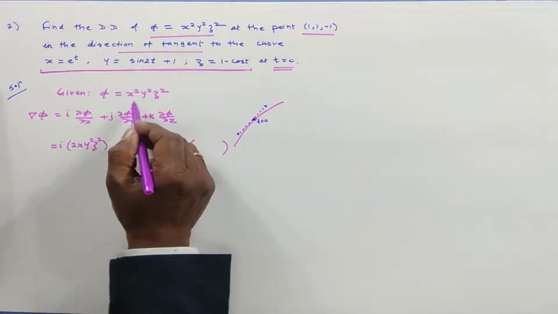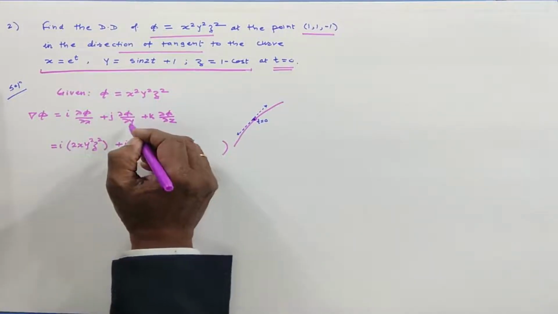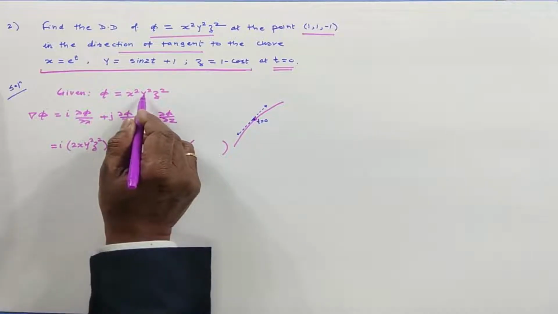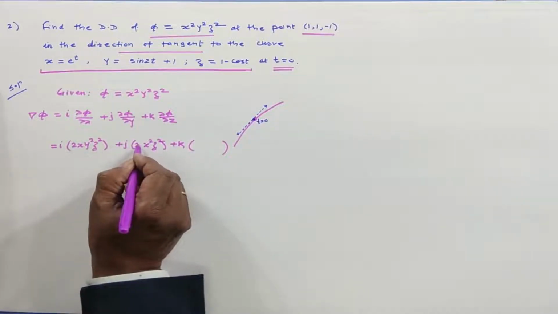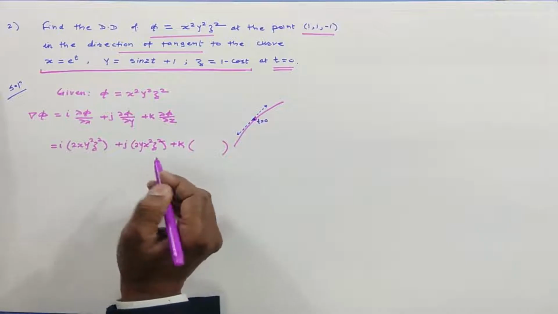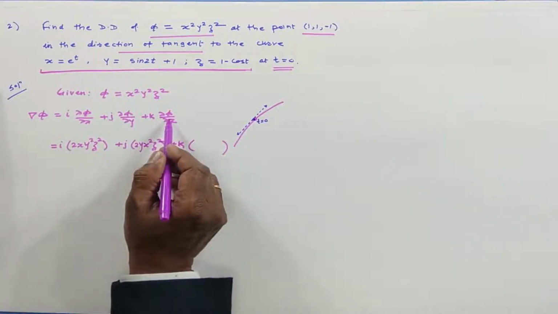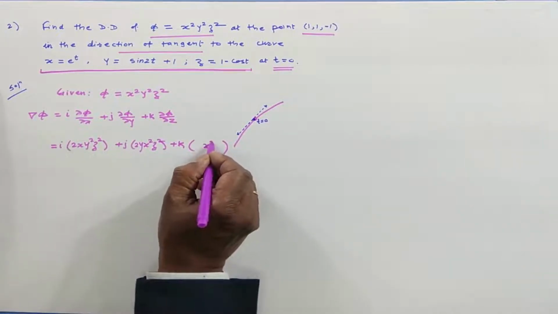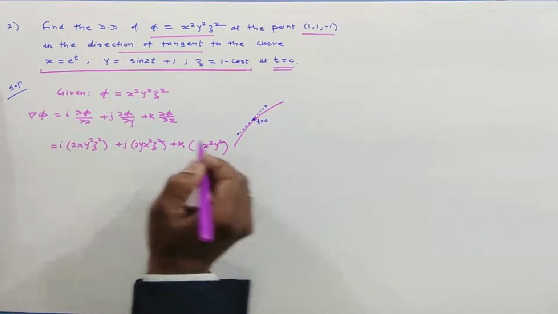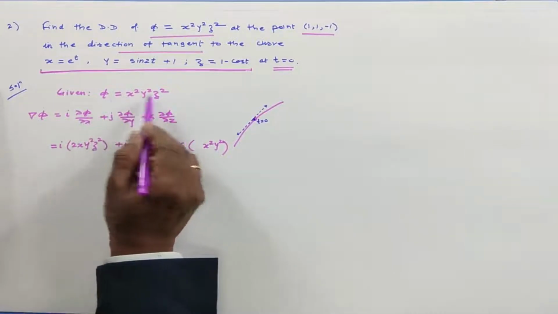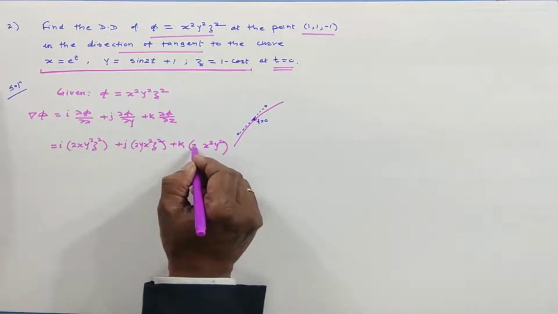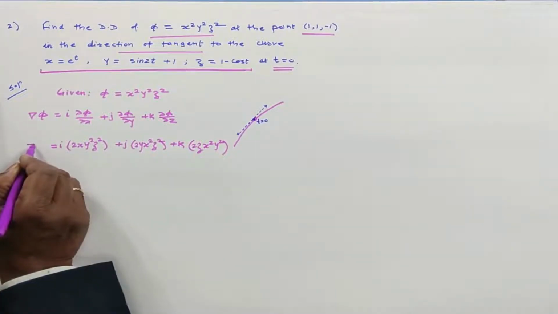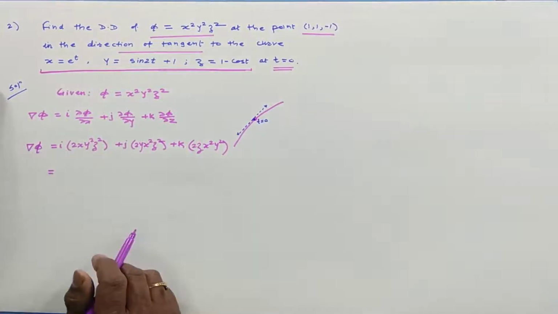Derivative of phi with respect to y, keeping x and z constant: the derivative of y square is 2y. Now derivative with respect to z, keeping x and y constant: the derivative of phi with respect to z is 2z. So you have to calculate this very carefully. This is the gradient of phi in general.